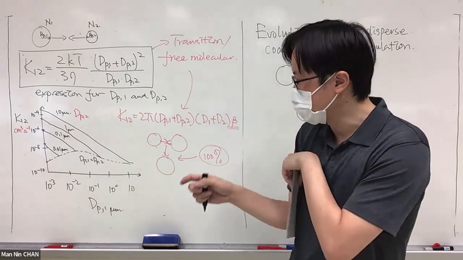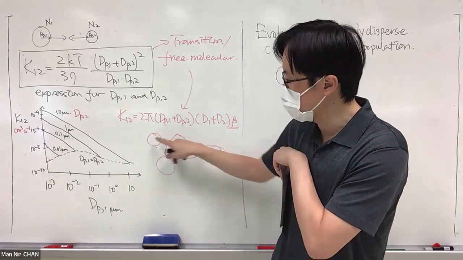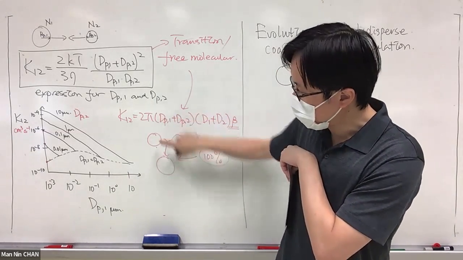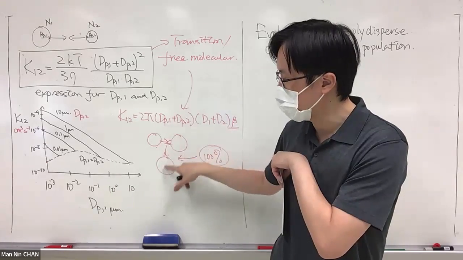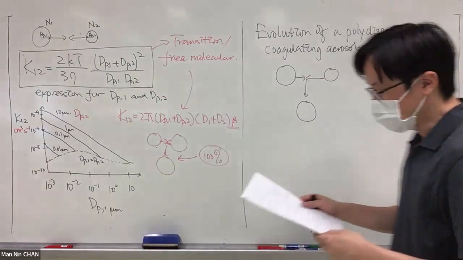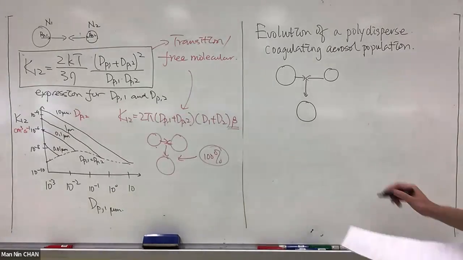One typical example is that if you have two monomers, you combine them and form a dimer, or you can have a dimer combined with a monomer, giving you a trimer. So you can present it in this way.